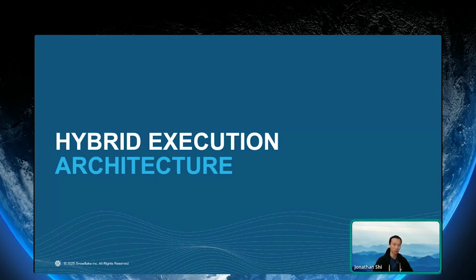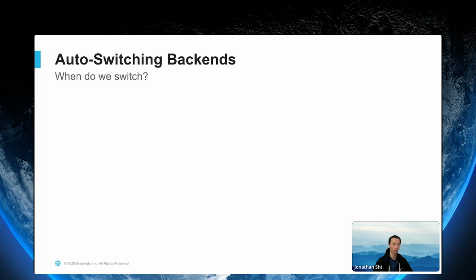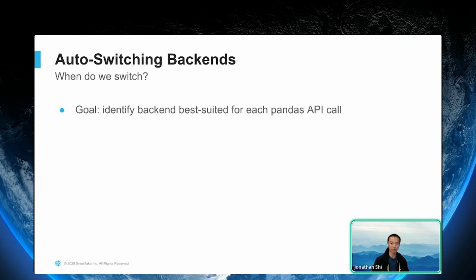Now let's go over a bit about the architecture decisions behind Snowpark Pandas and the hybrid execution engine. The first thing to decide is when to switch between the different backends, between Snowflake and native Pandas execution. Fundamentally, at the end of the day, the goal is just to identify which particular backend is going to be the best suited to perform each Pandas API call operation.